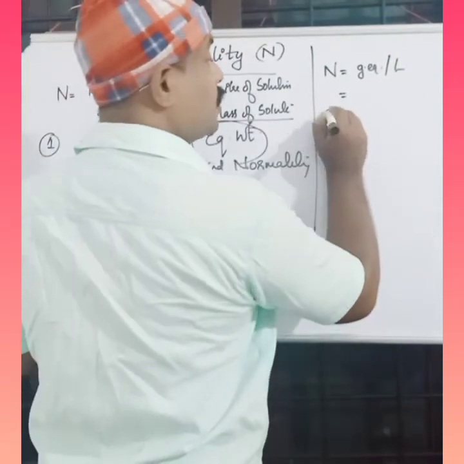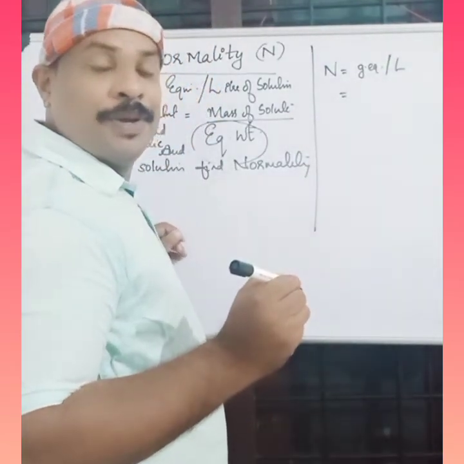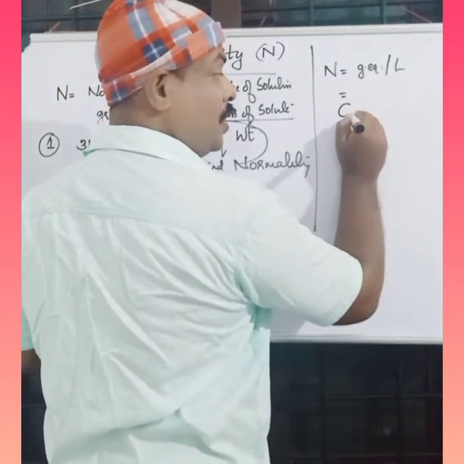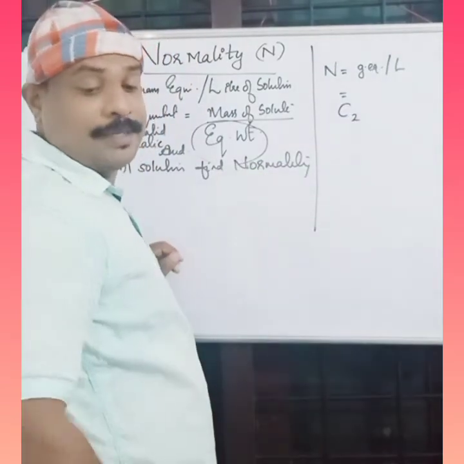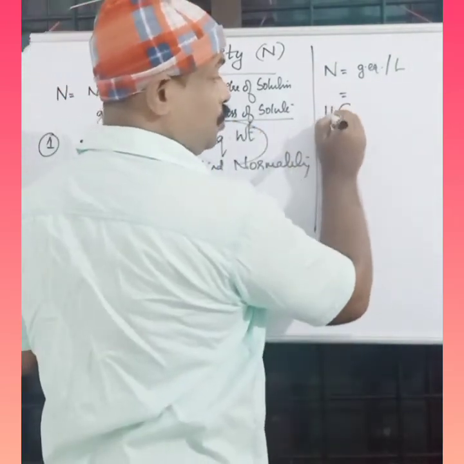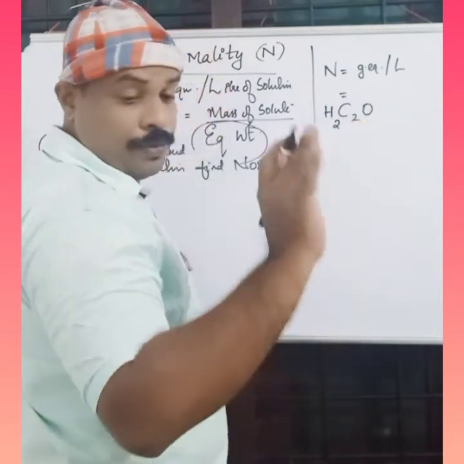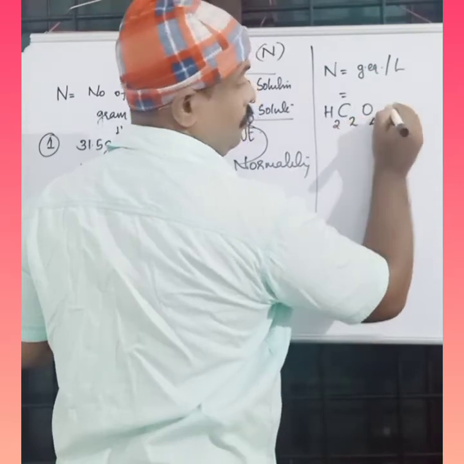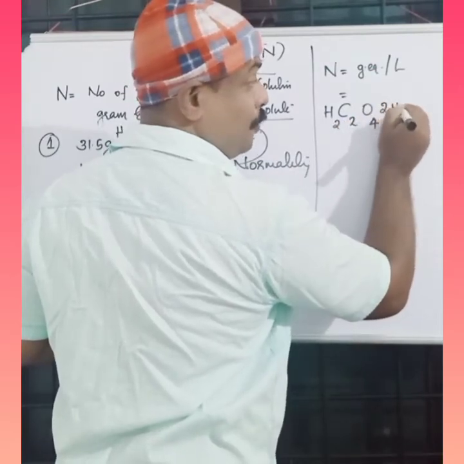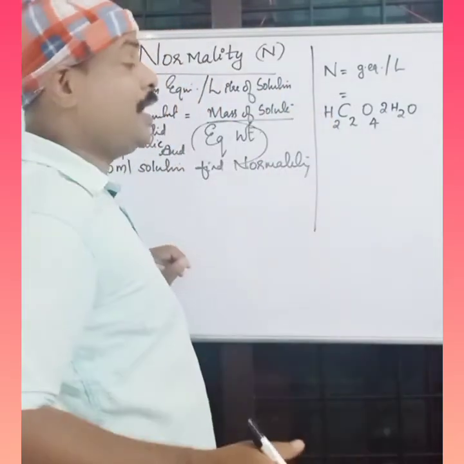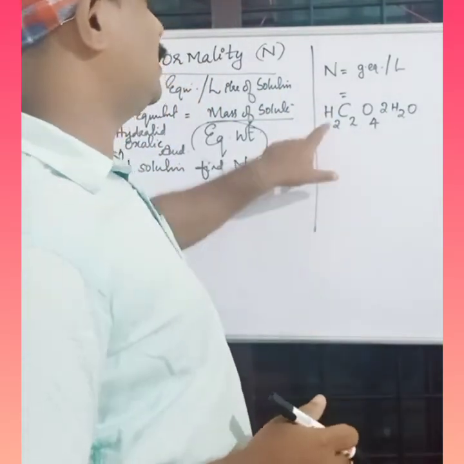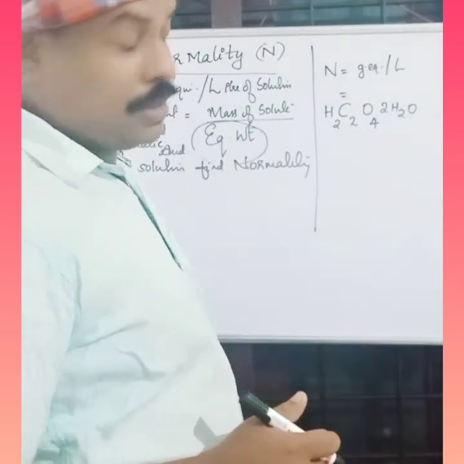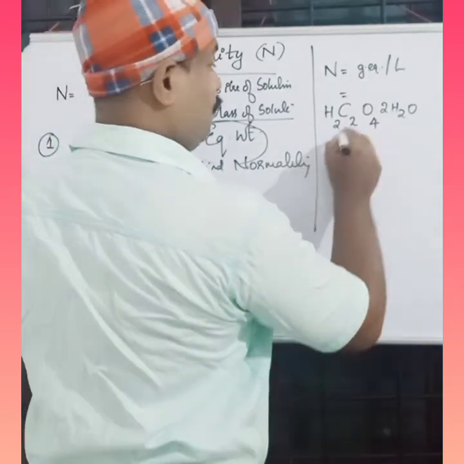Oxalic acid is an acid present in tomato and spinach. Its formula is H2C2O4, and being hydrated it has water molecules present: H2C2O4·2H2O.